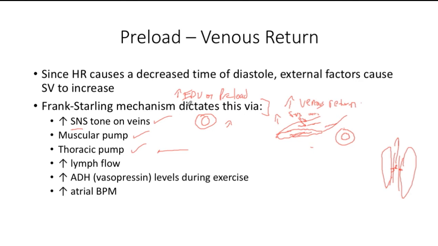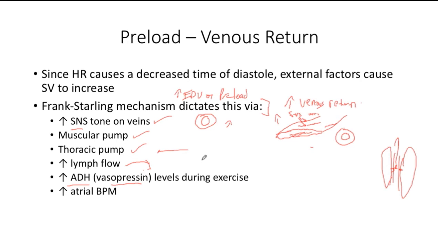So notice a pattern here. We're seeing an increase here. Also, with a mechanism similar to the muscular pump, muscles will squeeze lymphatic vessels a lot harder, causing more lymph to flow back into the circulation more quickly, causing blood volume to go up, causing a greater return. When we exercise, we also tend to secrete antidiuretic hormone or vasopressin to stimulate the kidneys to retain water.